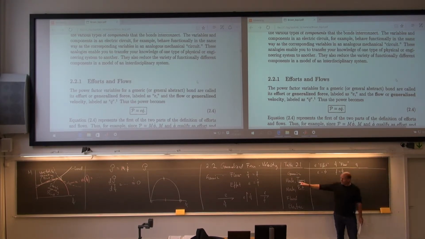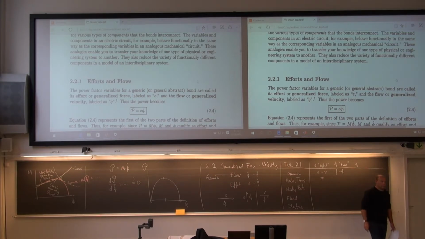For mechanical motion back and forth, what will the effort be? Well, that is a force. And the motion should now be velocity, v. And velocity is the same as the time derivative of position.